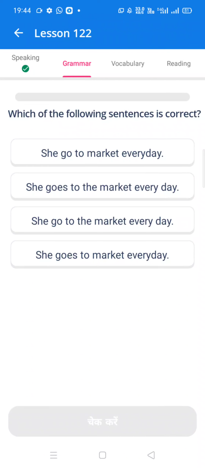You just write the number one, two, three, four, or ABCD you can write. No need to write the full sentence here. A, B, C, D, anyone. So Shikha, tell me which one is correct. Please let me know.